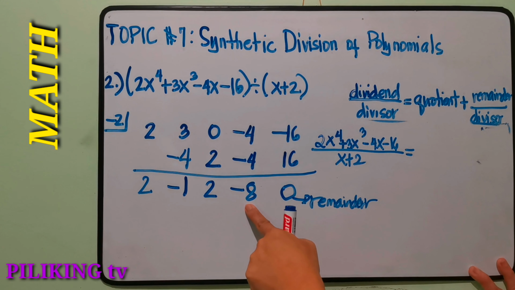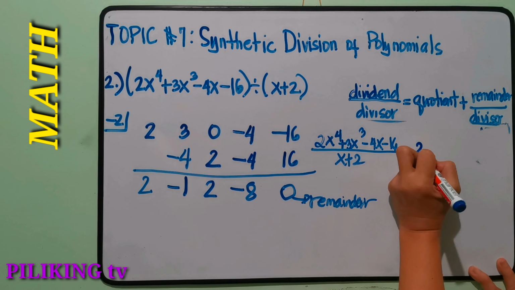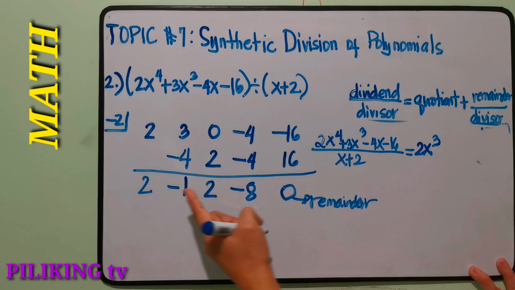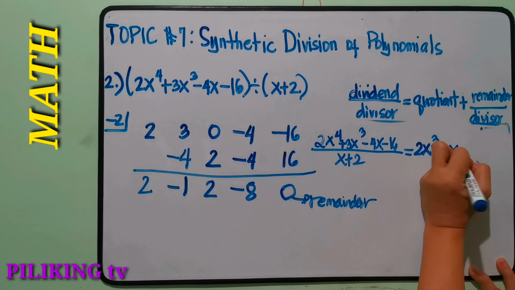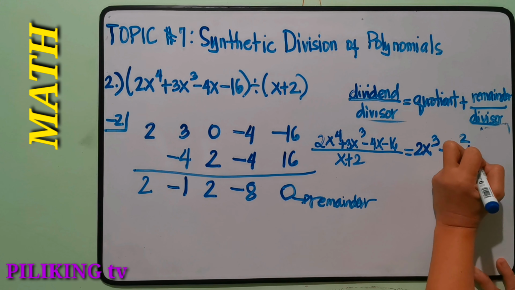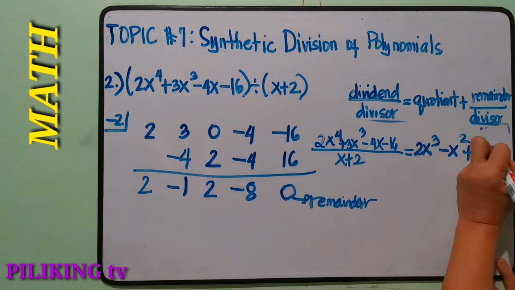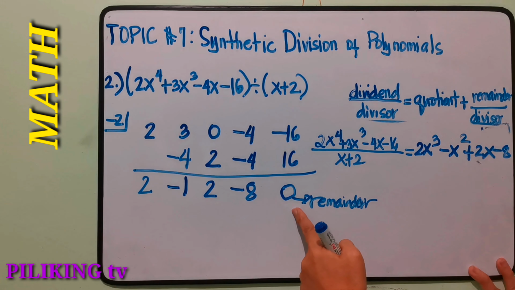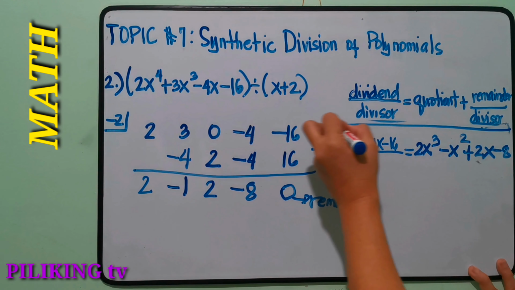We have 2x cubed minus x squared, then plus 2x minus 8. Since the remainder is 0, we don't have to write any remainder over the divisor. So this will be the final answer.